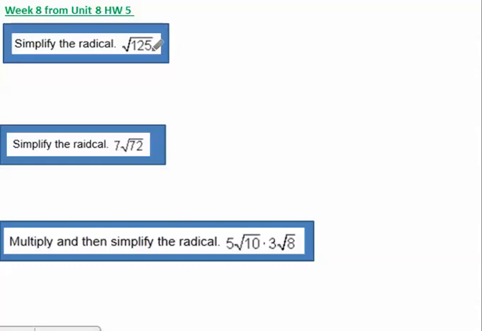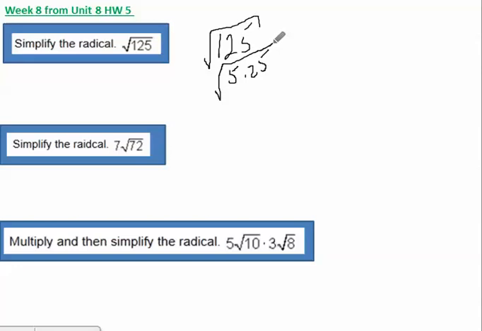To simplify a radical, what we have to do is see how many of those squares we can get out of that square root. So 125. I want to try this one. I know that the square root of 125, there's 5 times 25. That's what 125 is.